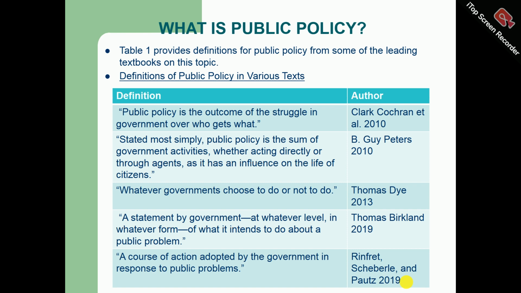According to Thomas, whatever governments choose to do or not to do is known as public policy. Thomas Birkland has defined public policy as a statement by government, at whatever level and in whatever form, of what it intends to do about a public problem. Another definition of public policy is a course of action adopted by the government in response to public problems.